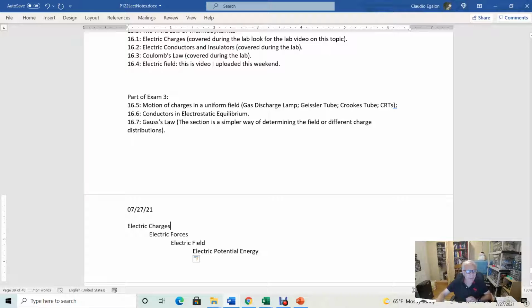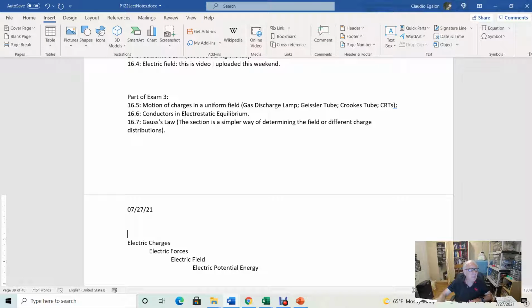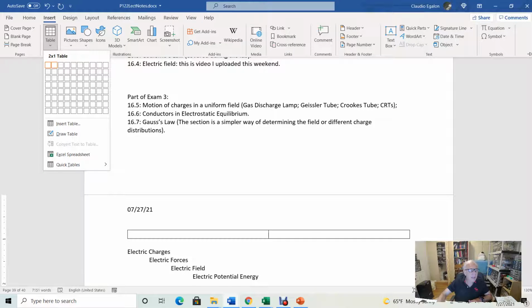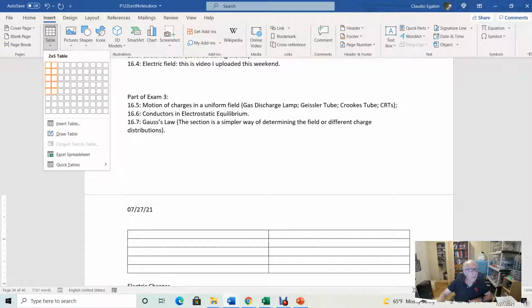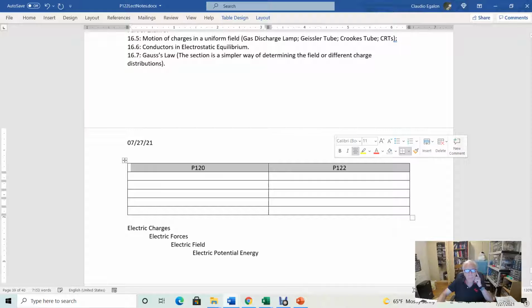So what is the analogous for physics 120, right? Let's do that together. I'm going to put it side by side, how what we study in physics 120 or mechanics relates to what we're studying right now in physics 122, so you can get your mind better organized.